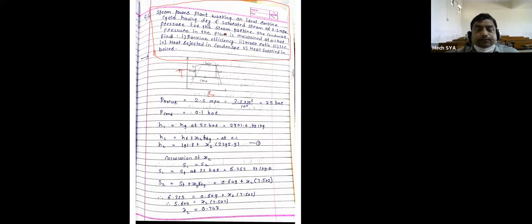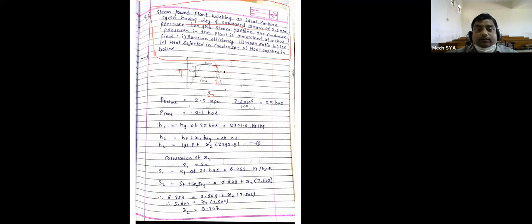Steam supplied to the turbine is dry and saturated, so point number 1 is lying on the vapor line. From that, isentropic expansion, because ideal Rankine cycle. If it is the actual Rankine cycle, this will be an inclined line. So 1 to 2 point will be there.